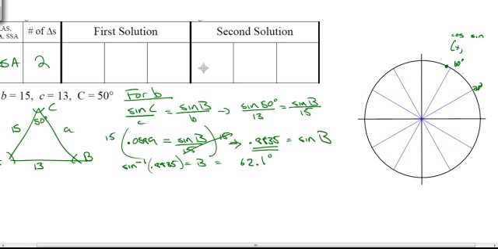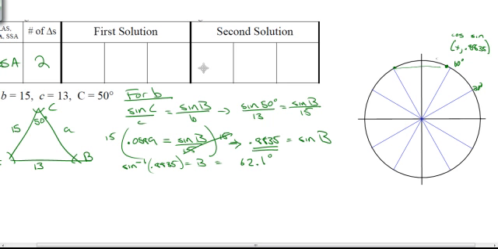We're using the law of sines right now. And I know that my sine coordinate would be approximately 0.8835. Is there any other angle on this triangle that could also have that y value of 0.8835? And absolutely, yes, there is.